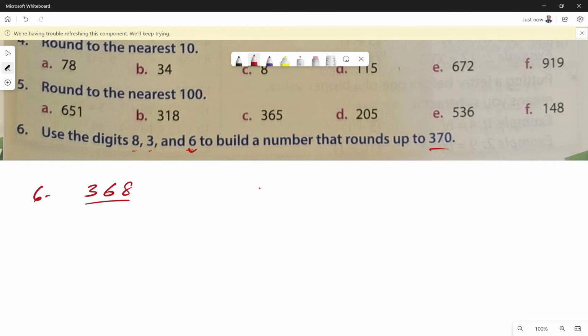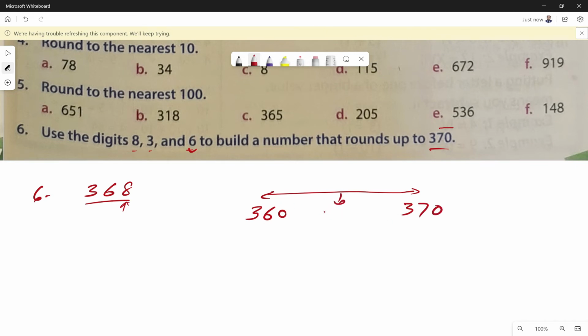than 370. When we are rounding a number to the nearest 10, it depends on the place value at the ones place. Let's draw the number line. As we are rounding the number to the nearest 10, the number will fall between two tens numbers, 360 and 370.